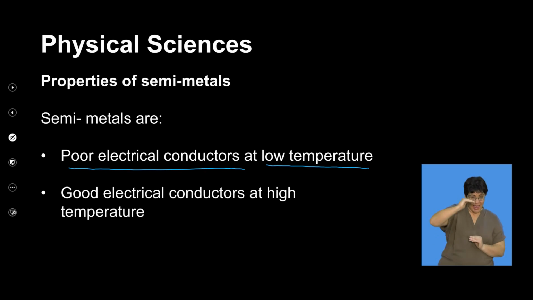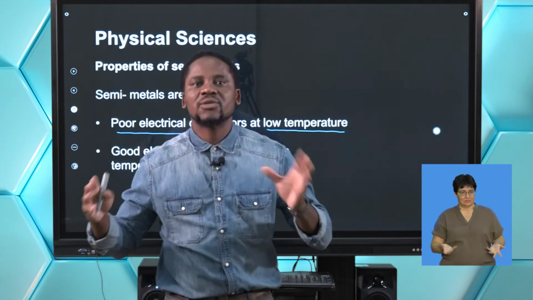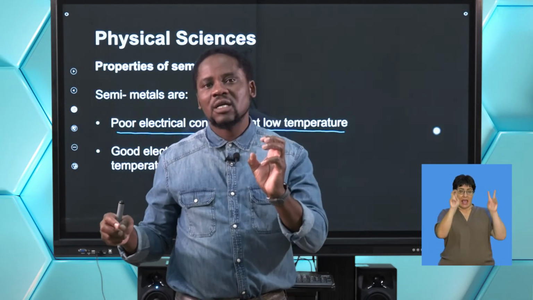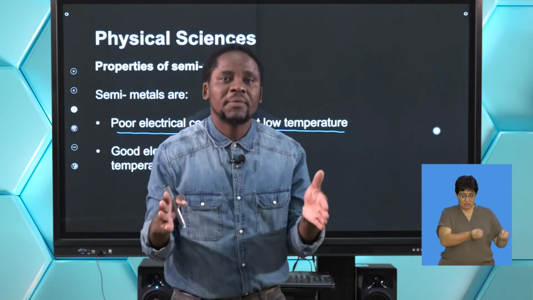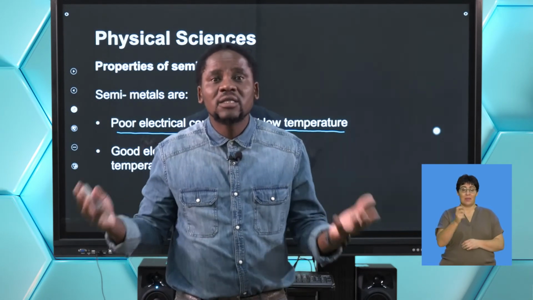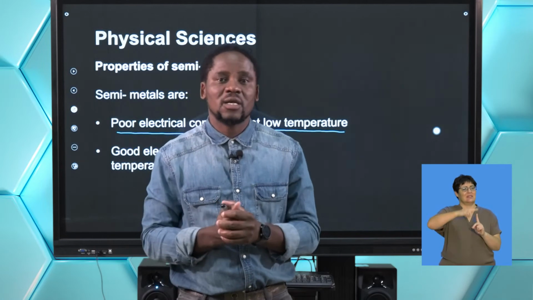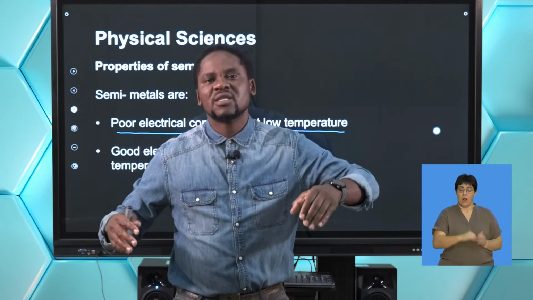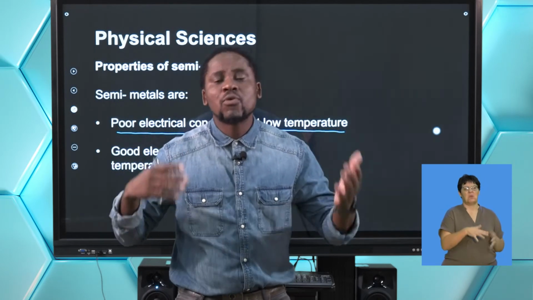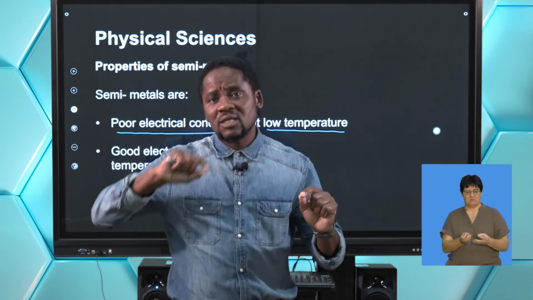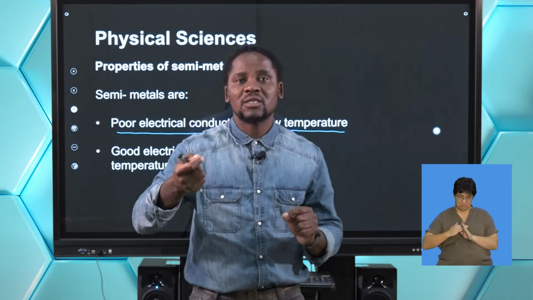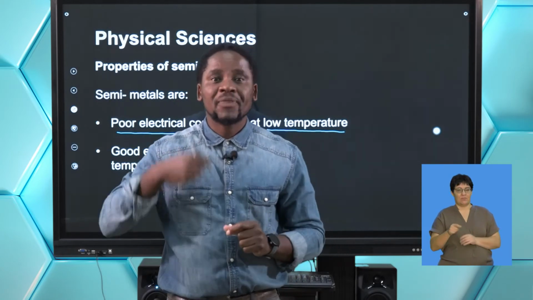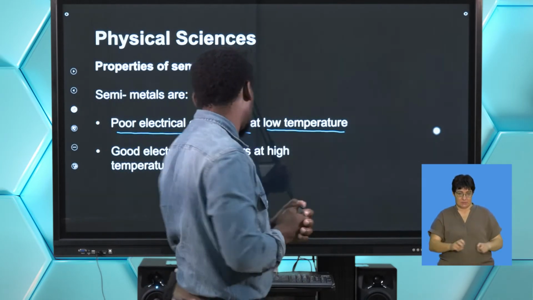So this takes us to a very important realization: the electrical conductivity of semi-metals or metalloids entirely depends on the temperature at which they exist. In other words, at low temperatures, they tend to be poor electrical conductors, but as their temperature increases, they essentially become better electrical conductors, right?